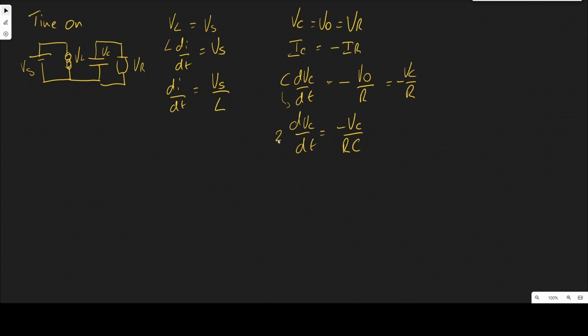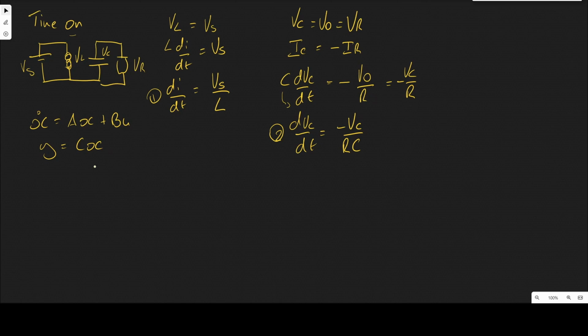Now these are the two state equations for the time on, and the next step would be to write them in state space form. So the generalized state space form would be the derivative of x equal to the A matrix times the states, plus B times the input, and the output would be C multiplied by the states.